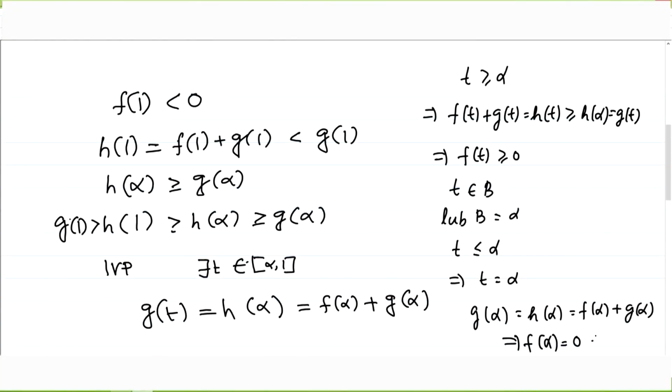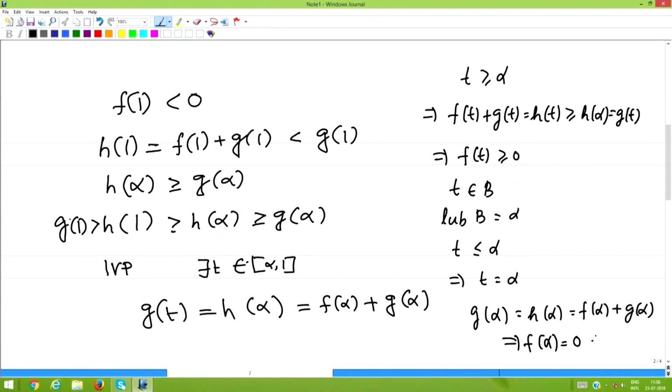So, what is it that we have shown? We have shown that if we have a real valued function f defined on the closed interval 0, 1, that f of 0 is negative and f of 1 is positive, then it has the intermediate property that there exists an x in the open interval 0, 1 such that f of x is equal to 0, given that there is a continuous function g such that f plus g is a non-decreasing function.